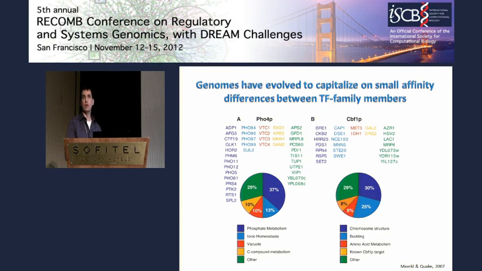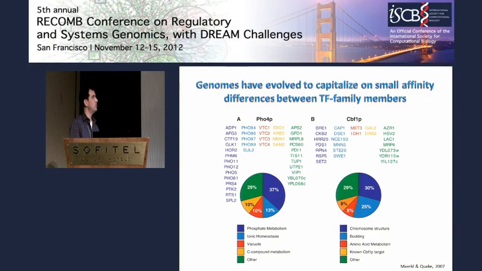Okay? When you look at transcription factors within the same TF family, the logos look very similar, especially to the human eye. However, small differences can lead to huge differences in the downstream pathways that are being regulated.